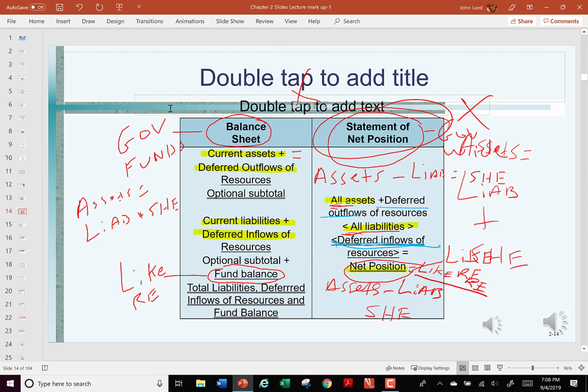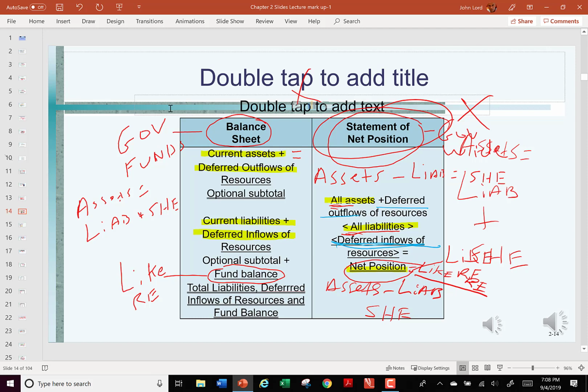Okay, so in government, we have this in-between in unearned revenue and revenue that we call deferred inflow. And we will be dealing with this quite a bit next week when we get to Chapter 4A. When we start talking about revenue recognition, we're going to have to understand what the difference is between a deferred inflow, an unearned revenue, and a liability.